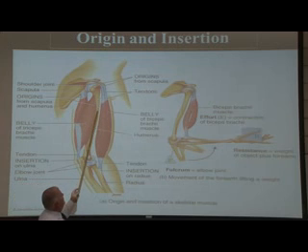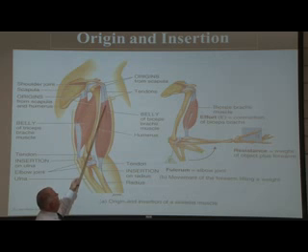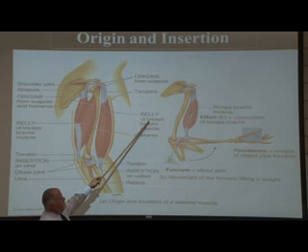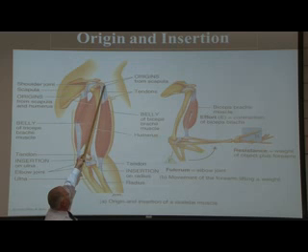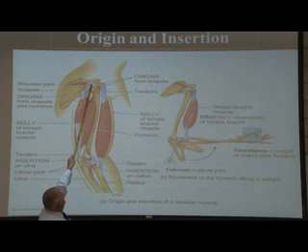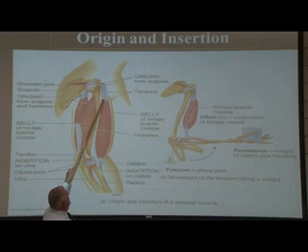And so if we were to be more precise, then when we're looking at the biceps brachii, it actually has 2 tendons of origin, which is where the name biceps comes from, because there are 2. So it would be the coracoid process for what we would call a short head, and then the upper lip of the glenoid fossa for the long head.